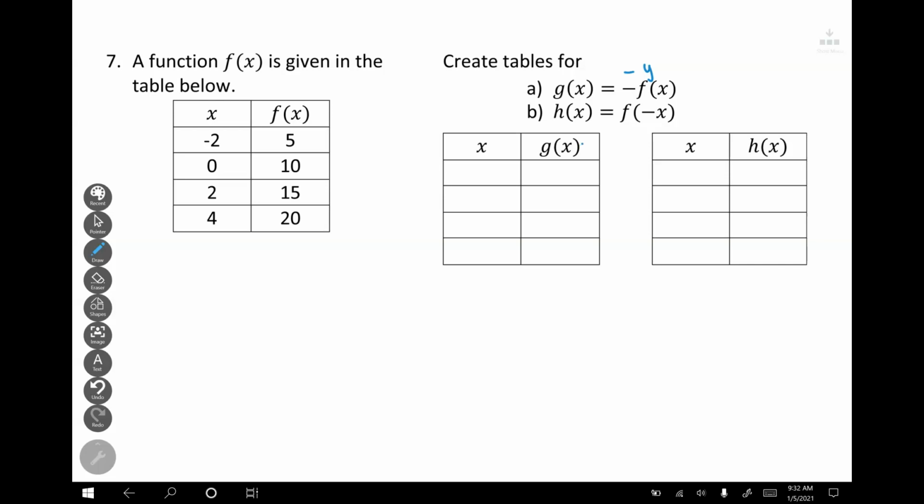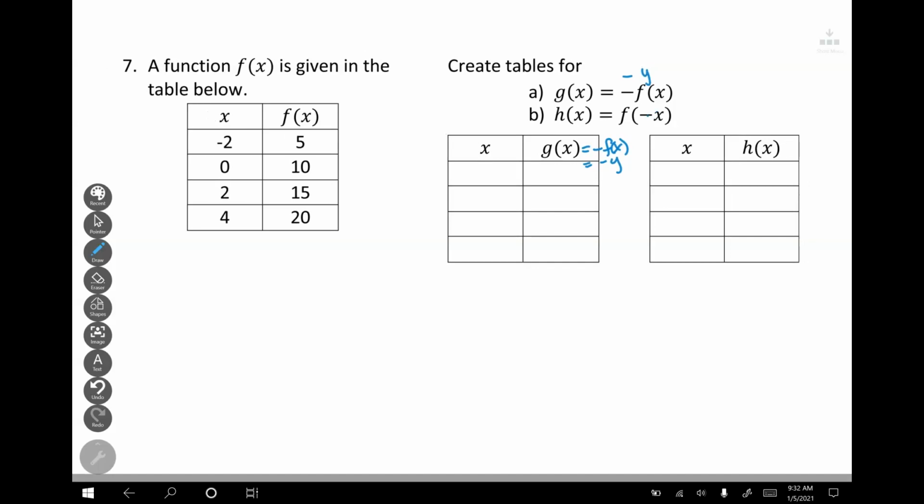So right here for g of x, you could think of that as negative y. Now this one, it's right there in front of you, f of negative x. So you are multiplying your x values by -1, so negative of the original x.